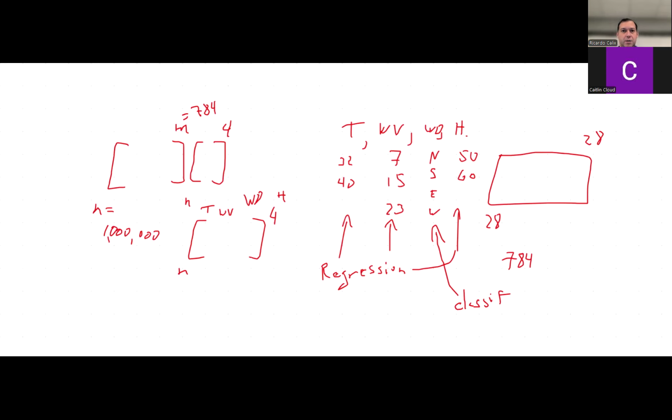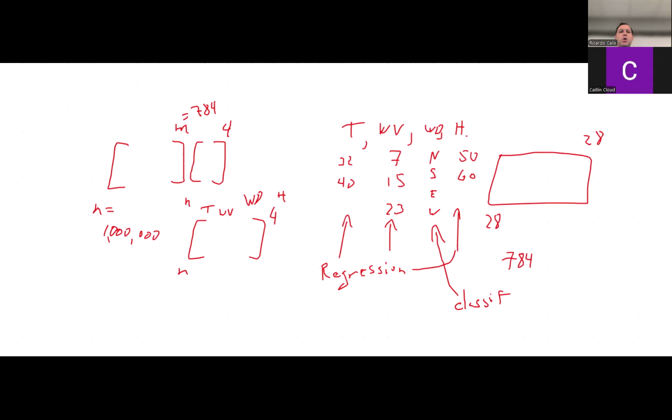Just give me a second to get a new sheet. Let me just close this thing and open it. Right, so we're going to predict weather using weather.